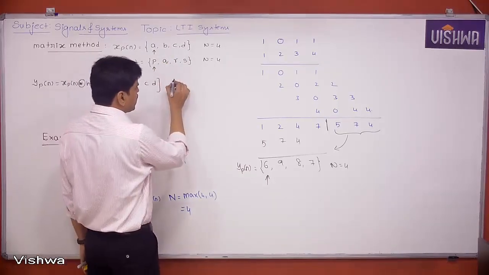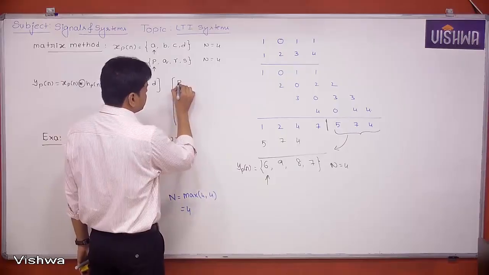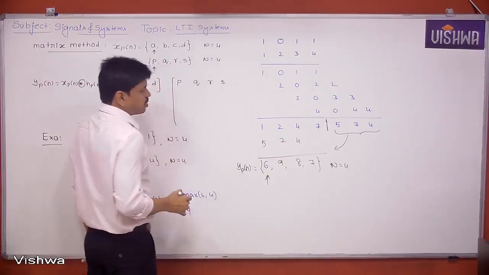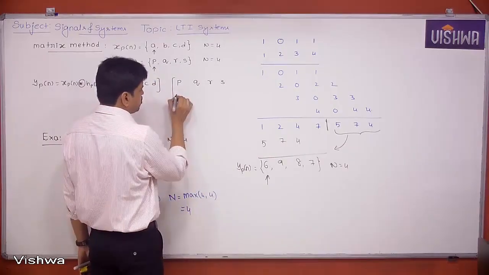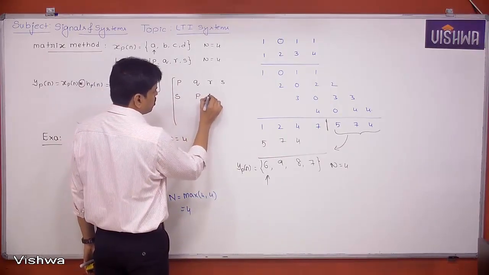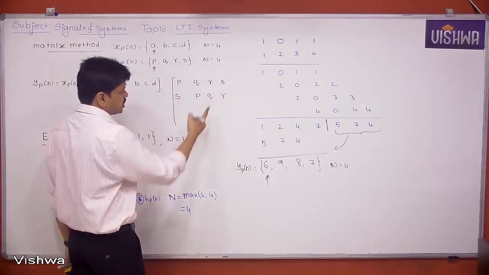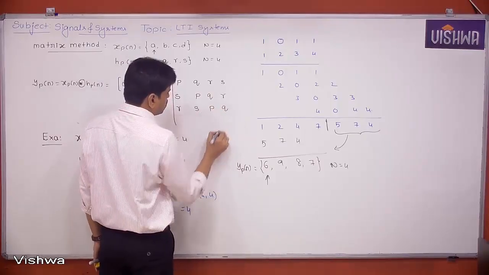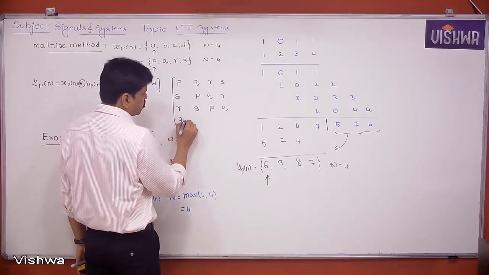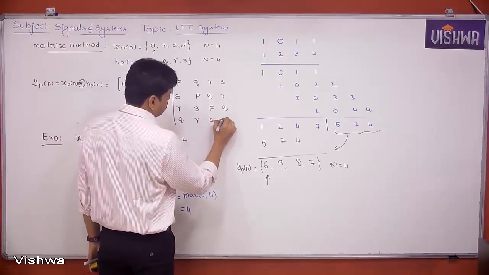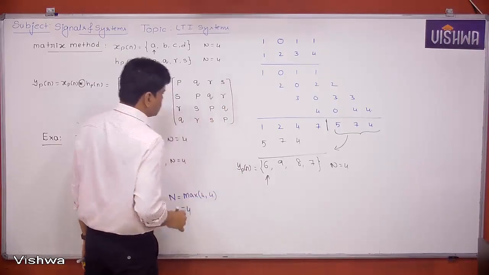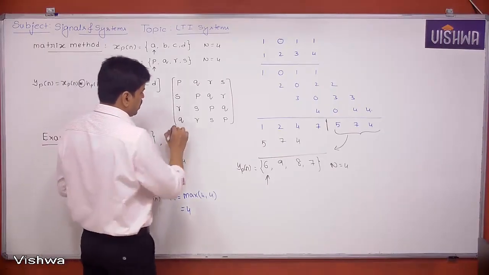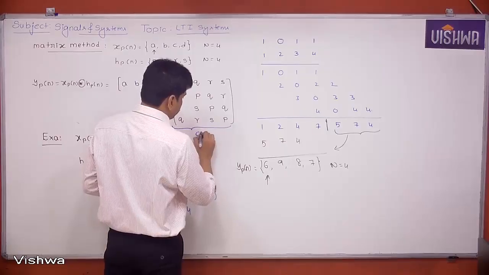Then we have to write the next matrix in this form: P, Q, R, S. Next row we have to start with S, that means S, P, Q, R. Next we start with R: R, S, P, Q. Next we start with Q: Q, R, S, P. So this is the way we write the matrix, and this matrix is called a circulant matrix.